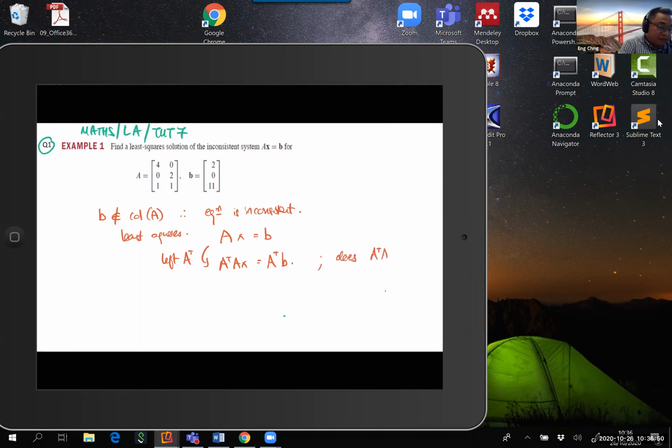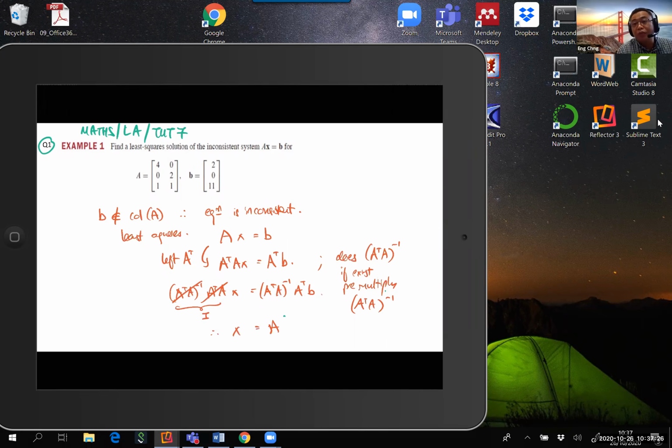If it exists, then we pre-multiply both sides by A transpose A inverse. This reduces to the identity. Therefore, X equals this expression, which is our solution for the least squares.